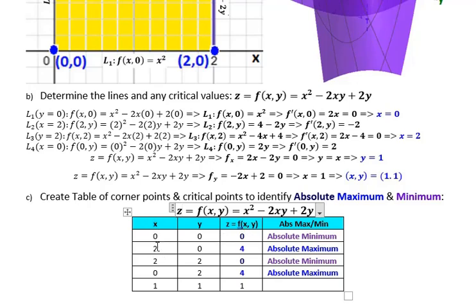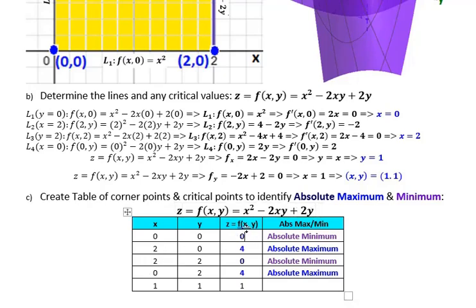The points are 0, 0; 2, 0; 2, 2; 0, 2; and 1, 1. At 0, 0, z is 0.